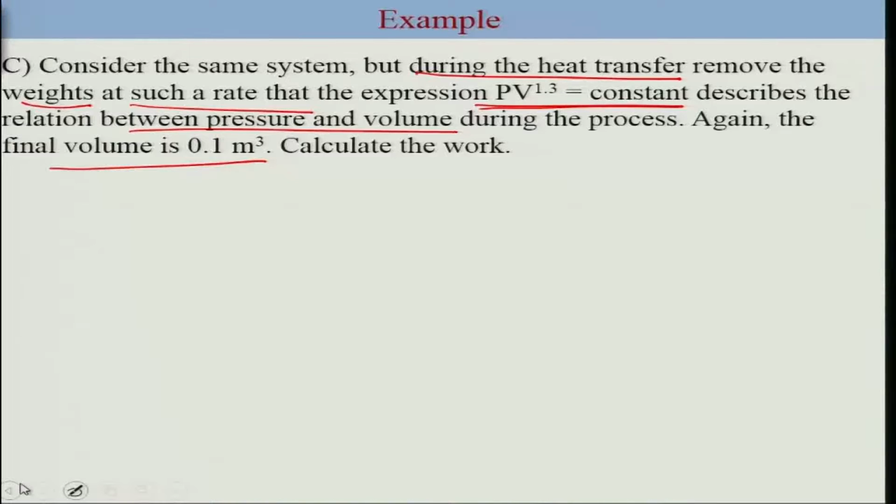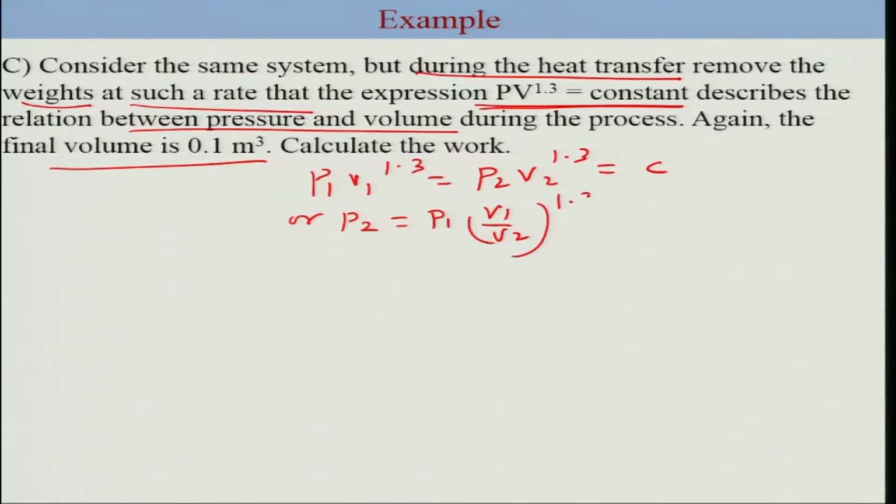We make use of the direct expression of the polytropic process. So this means that P1 V1^n is the same as P2 V2^n, which is constant. Or we can write P2 is P1 (V1 by V2)^1.3, and for WB we have already calculated the expression.